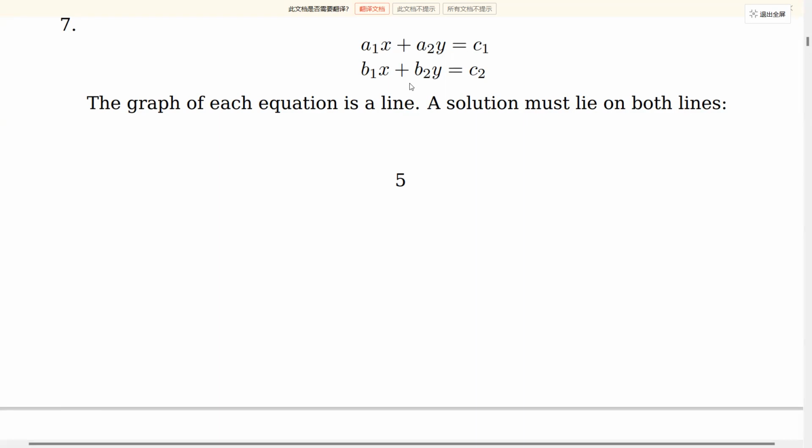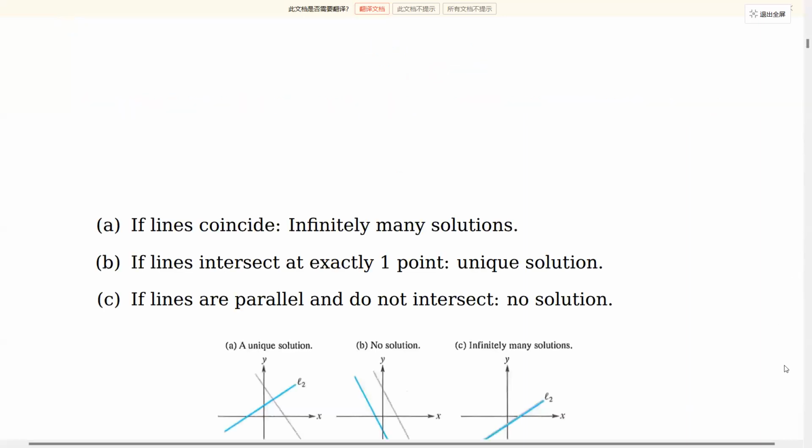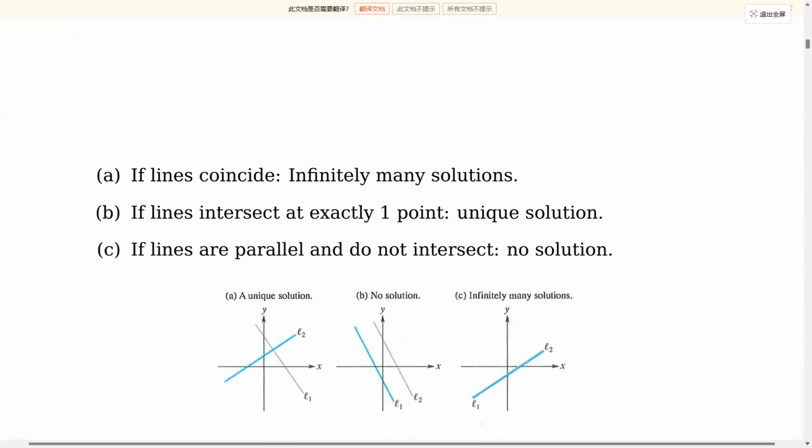So this algebraic problem can be converted into a geometric problem, which is much easier to understand. So the solution must lie on both lines. Then you can see whether these two lines have an intersection or not to determine what kind of solution the system has.